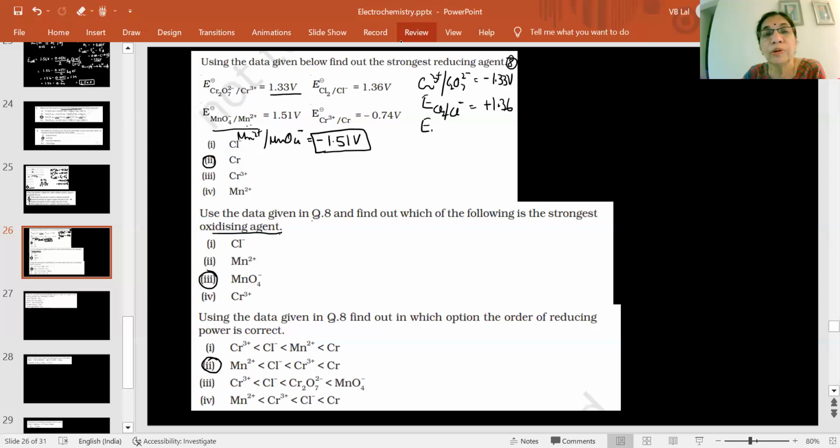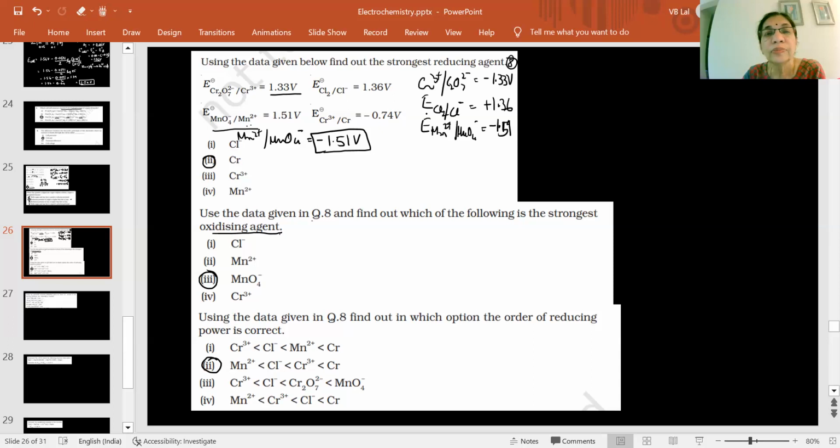So Mn2+ E0, Mn2+, what happened? So Mn2+ to MnO4−, so this is −1.51, right? And the last one is also a reduction potential.